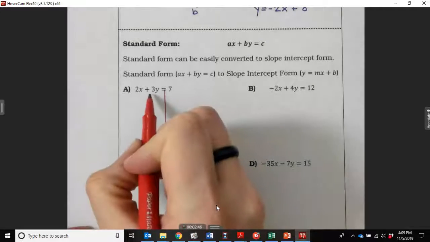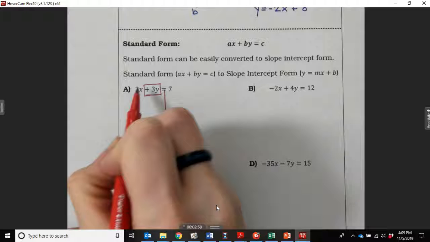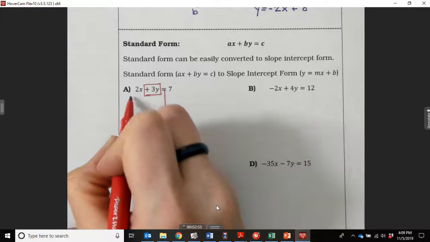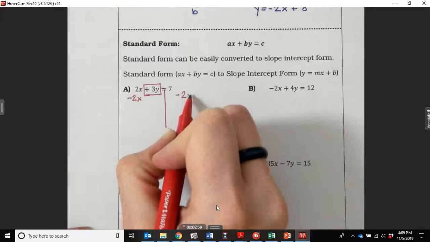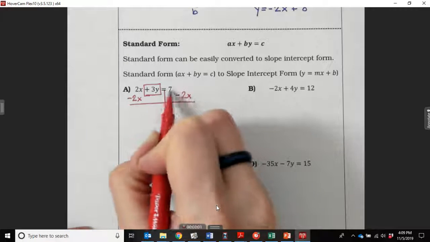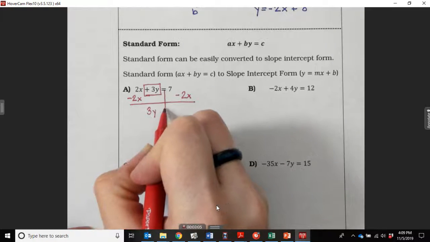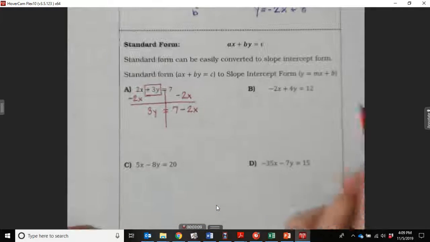And so I'm solving for y, which means I box in positive 3y, and then I have a positive 2x, and I need to move it to the other side by doing the opposite of what it says. So I'm going to minus 2x on both sides, and I do not line them up because they're not like terms. So now I have 3y equals 7 minus 2x.